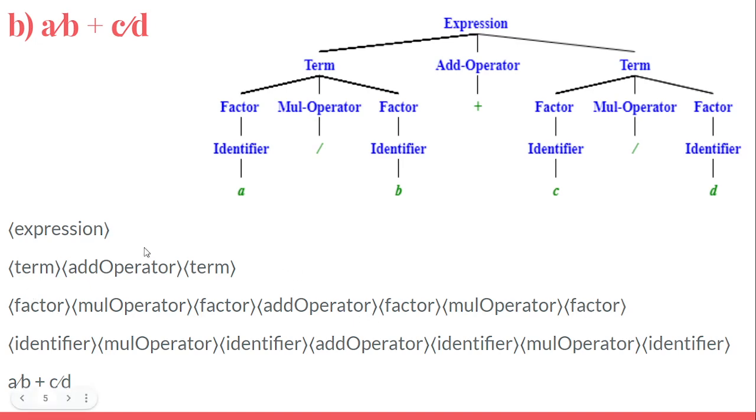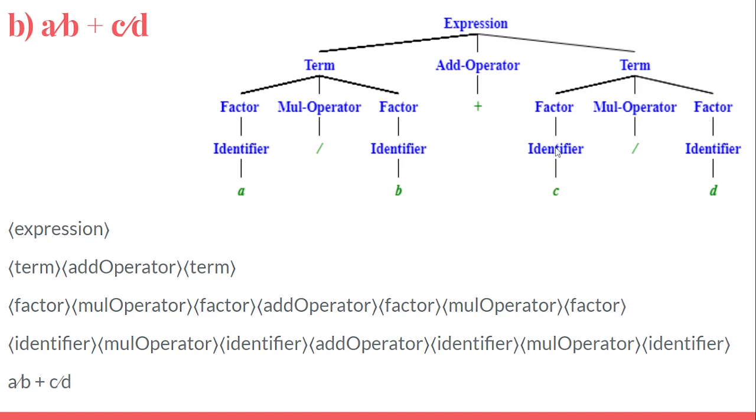The first factor will be replaced with identifier and give us the a. The second factor is also replaced with identifier and gives us the b. The multiply operator will be changed to divide. On the right side, the term is also changed to factor, multiply operator, factor.